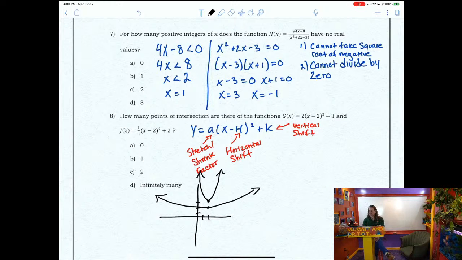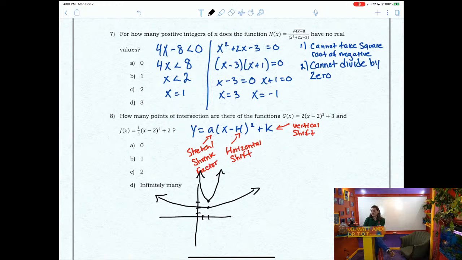So now let's look at the denominator, that trinomial of x squared plus 2x minus 3. We can factor that into x minus 3 times x plus 1, and then use the principle of zero products. Remember that anytime you have two things multiplying times each other, and they equal 0, you can set each of them equal to 0 and solve.